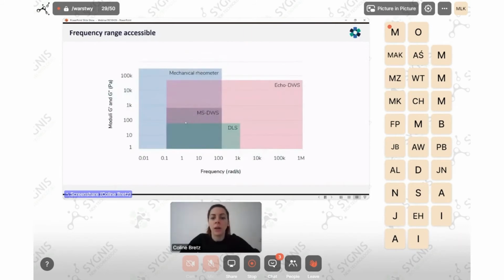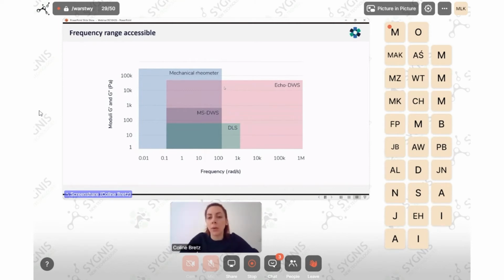Let me show you a little bit more when we talk about frequency range. This is the frequency range in rheology that the mechanical rheometer would analyze, and it typically goes up to 100 radians per second. In DLS, you would cover roughly the same frequency range, although with a little bit higher upper limit and lower lower limit. Also, the amplitude of the modulus that you're going to record is a little bit lower, which means that you cannot probe highly viscoelastic samples.